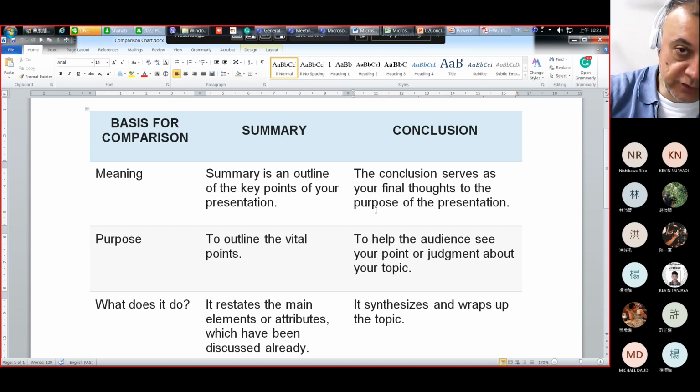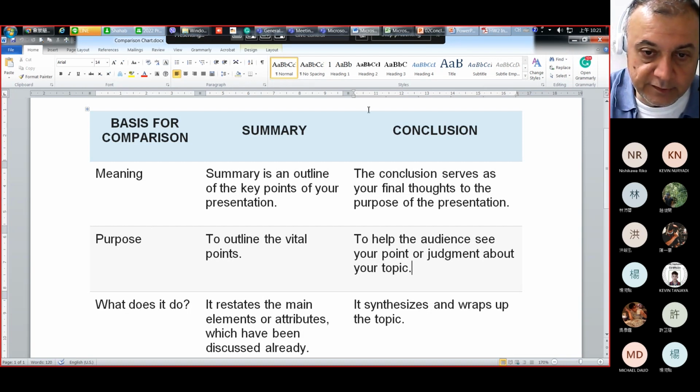So this is what I want you to do, this is what I want you to think, this is what I want you to buy, and so on and so forth. So the conclusion is your personal push to make that connection with the audience and sell them what you are trying to sell them. Again, sell, I don't mean just selling a product, it means selling an idea, teaching them something, or however things that you want to do.